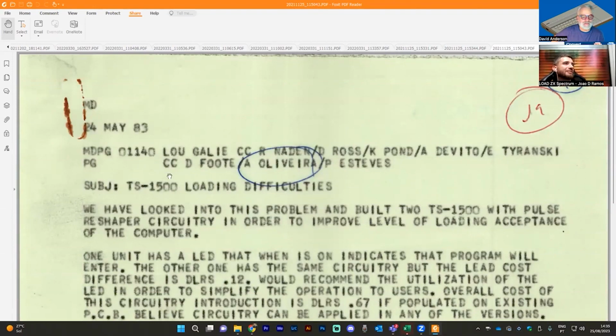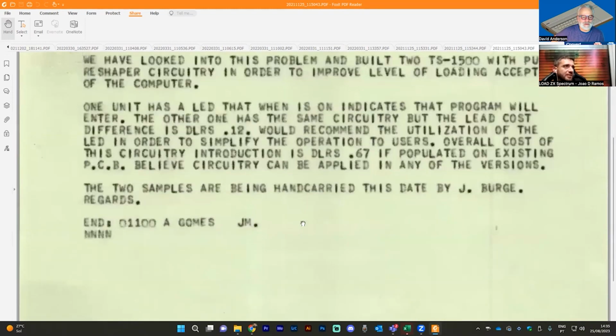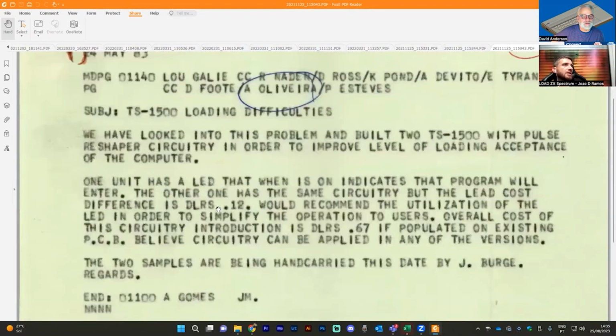TS1500 loading difficulties. Okay, we have looked into this problem and built two 1500s with pulse reshaper circuitry in order to improve the level of loading acceptance of the computer. Who signs this? Tony Gomes. One unit has an LED that when on indicates the program will enter.